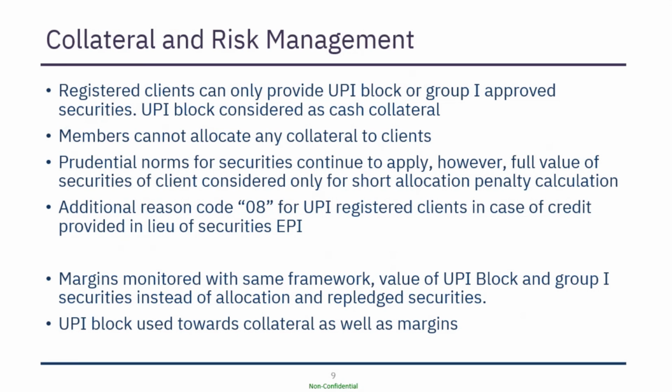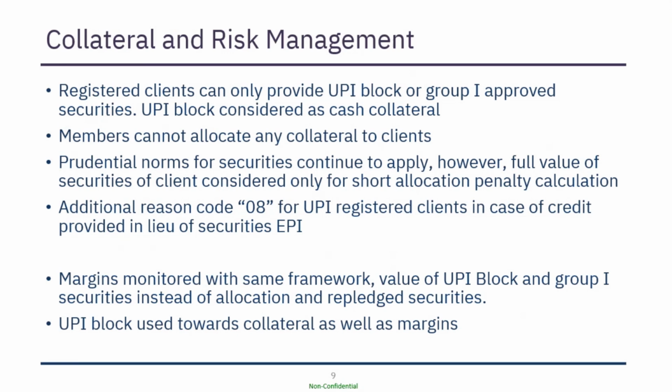For such clients, because the collateral is only to be given in the form of UPI blocks, allocation is not permitted, because any allocation that the member does is against what collateral the member has received from the client. In this case, there will be no collateral received directly from the client, but the client has created a mandate in favor of the CC.